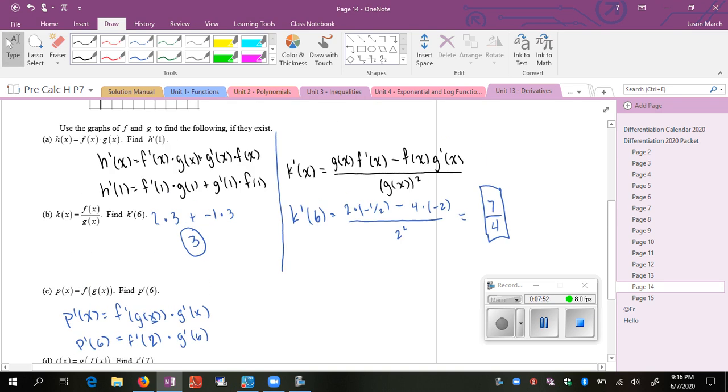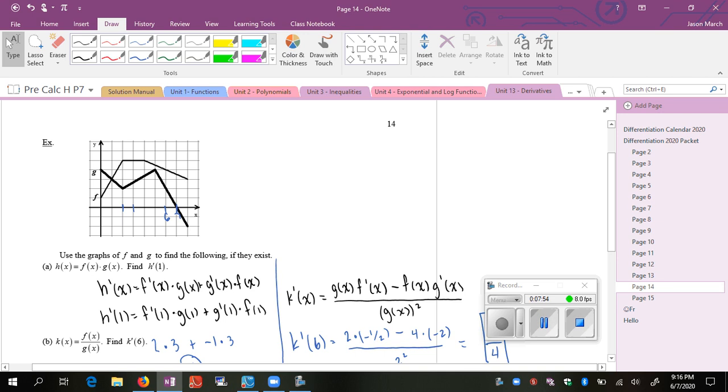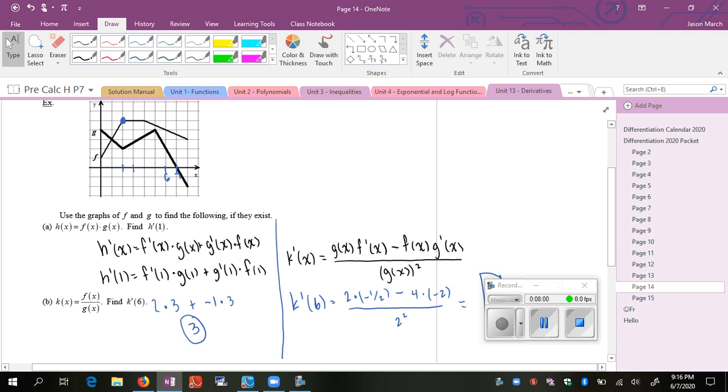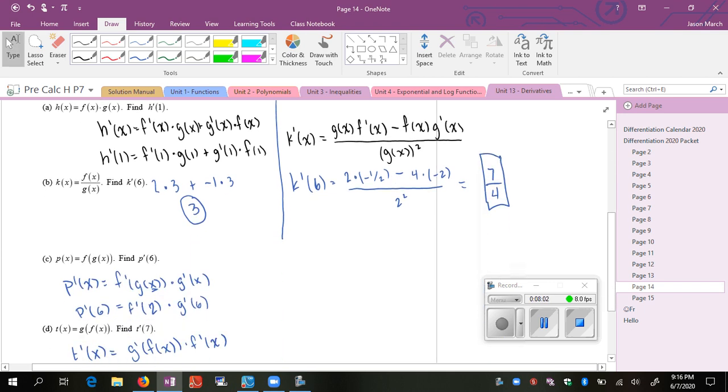Now, what's going on right there? We have an issue with that, don't we? F prime of 2, this guy, is undefined because it is not differentiable.